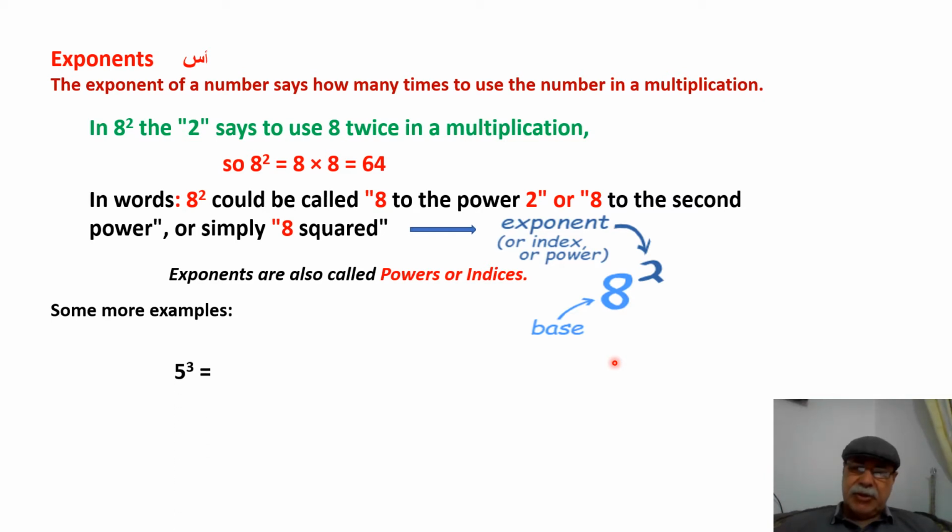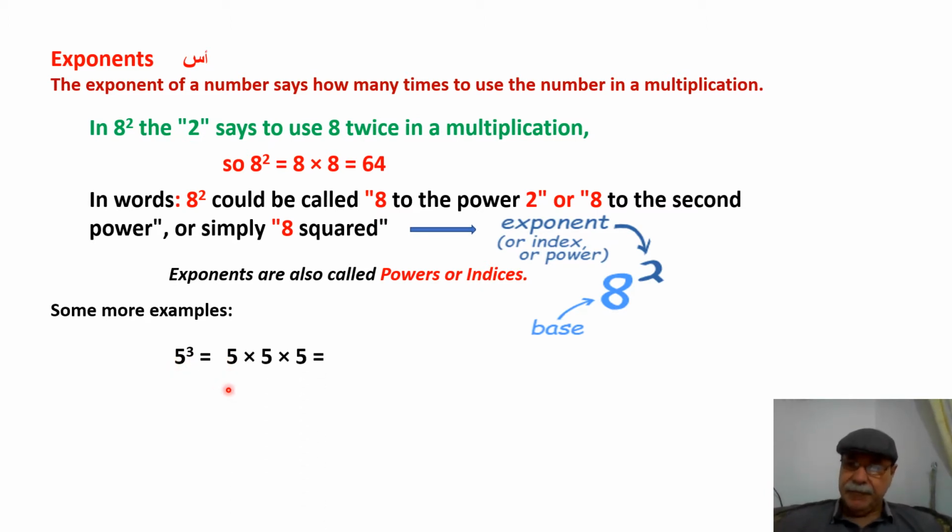Here is more example. Here we have 5 cube. What is the meaning? 5 cube means we multiply 5 by itself 3 times: 5 times 5 times 5.